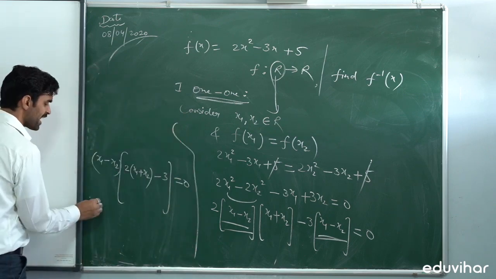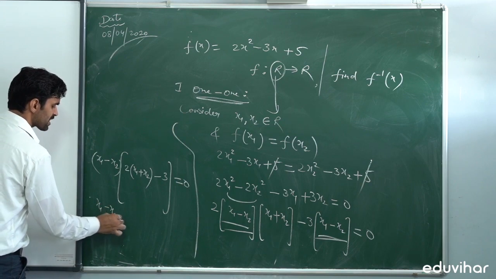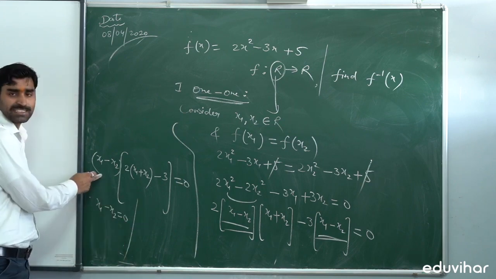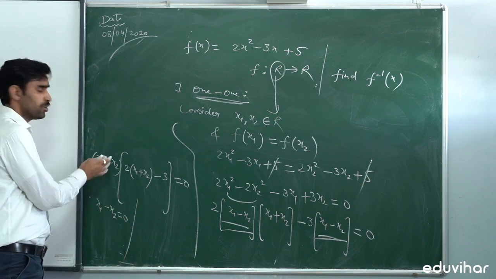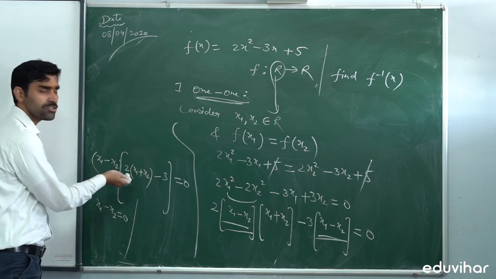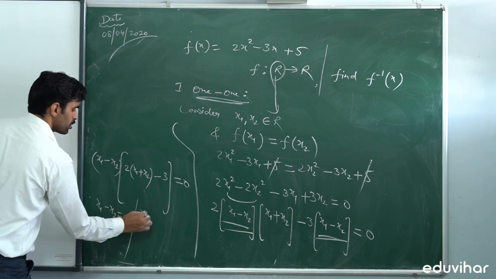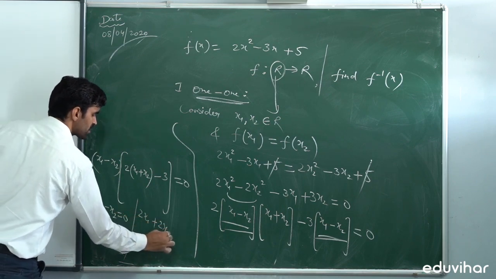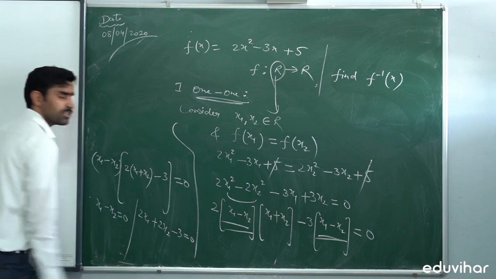So we can say x1 - x2 = 0 for the first condition. Whenever a product of two factors equals 0, either the first is 0 or the second is 0. For the second, 2x1 + 2x2 - 3 = 0.